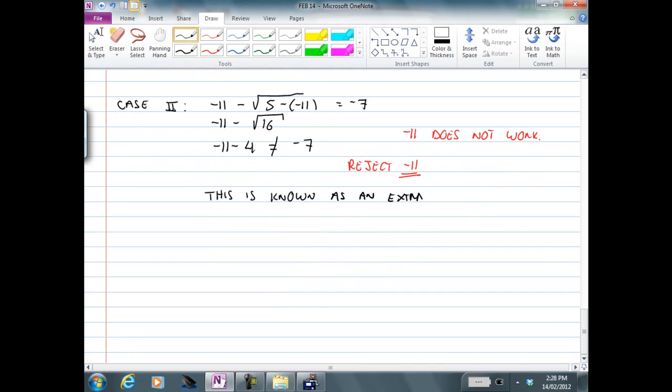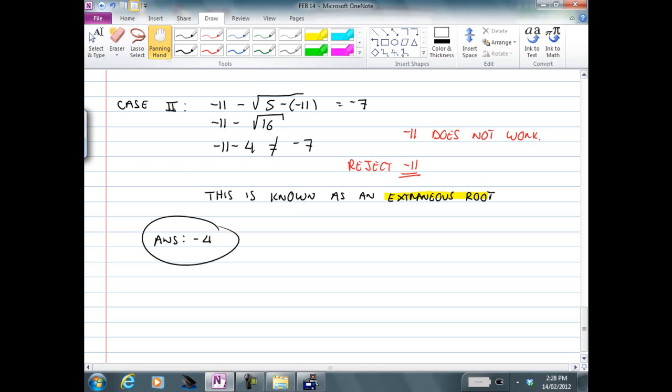Extraneous root, or an extraneous solution. Highlight this, please. On your exam, they ask you, what is the extraneous root? In this case, negative 11. So guys, your only answer, when you write your final answer, just write down negative 4. Voila. Okay. Negative 11 is a reject. If you don't reject on your test, I will reject your answer.